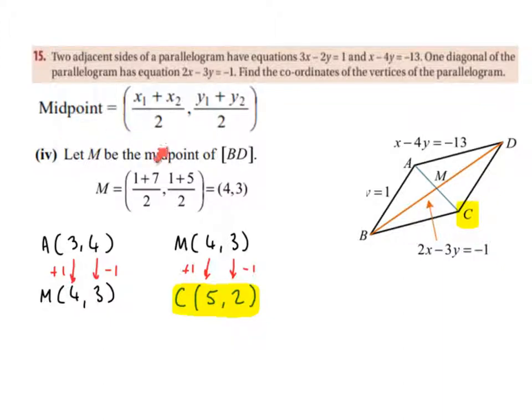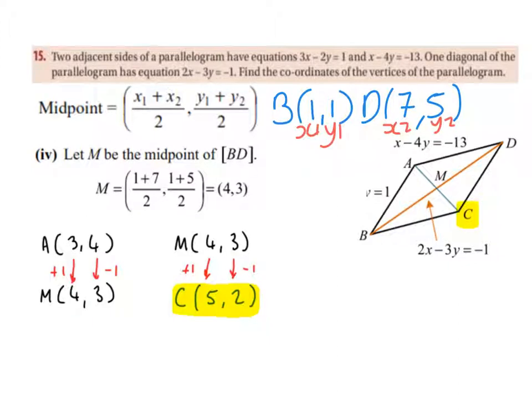So let M be the midpoint of BD. So we worked out B to be 1, 1, that point B there, that corner, that vertex. We worked out D to be 7, 5, that corner, that vertex. We labelled them x1, y1, x2, y2. And then we sub into our midpoint formula. So we get 1 plus 7 over 2, comma 1 plus 5 over 2, which gives us 4, 3.